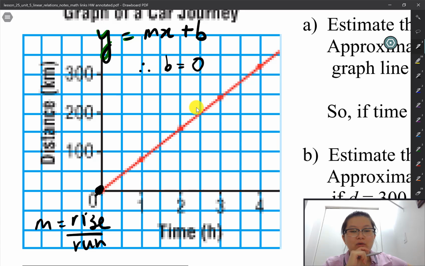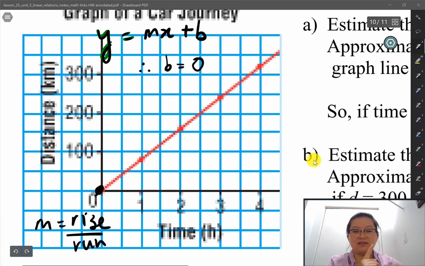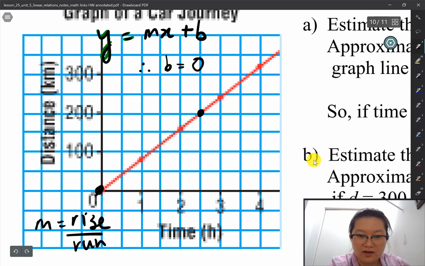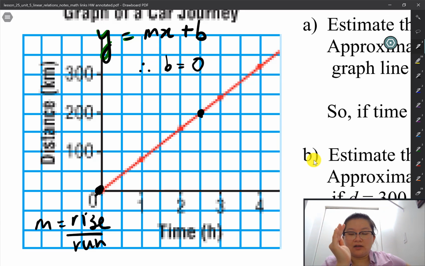But I also want to pick points that I can easily estimate. So if the point that I pick is exactly on the grid lines, then it is very easy for me to read what it is. By looking at this graph, I can see that this point over here not only intersects the horizontal but the vertical grid lines.